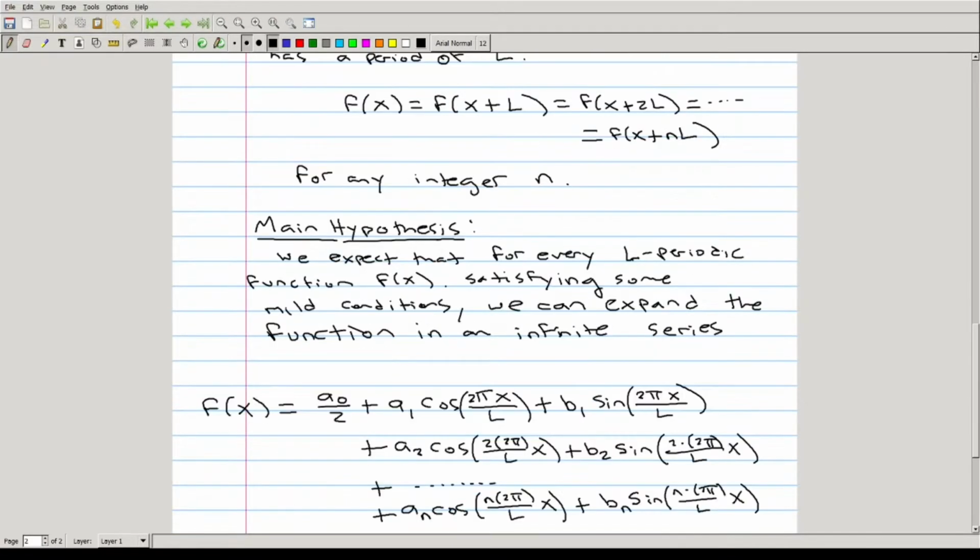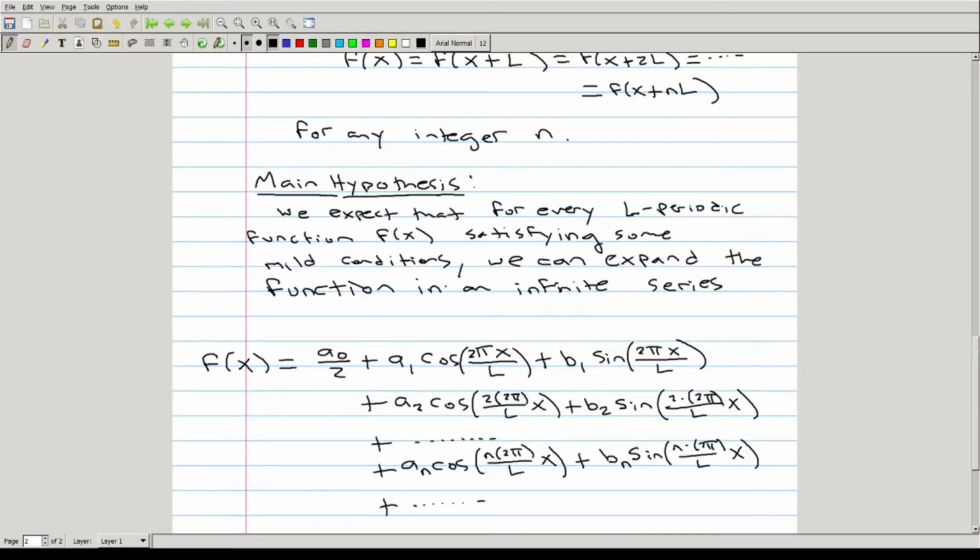Well, essentially what we're doing is we're saying that a given periodic function, say, for example, the function from the last example of the last lecture, which was f of x is equal to x times pi minus x.